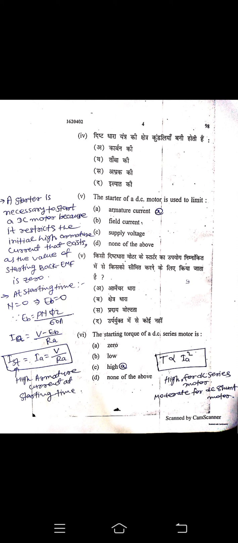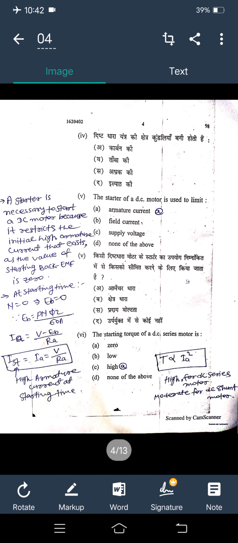If EB is equal to 0 because n is equal to 0, therefore armature current is equal to V upon RA. If the starting voltage is gradually increased, the armature current also increases. For starting, armature current is very high, so the torque will be very high.